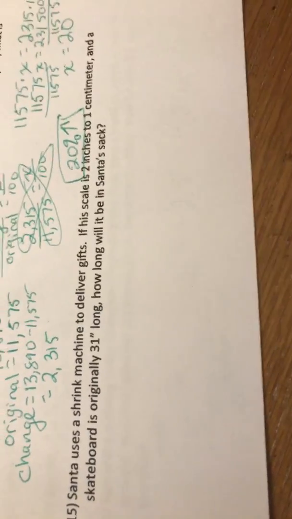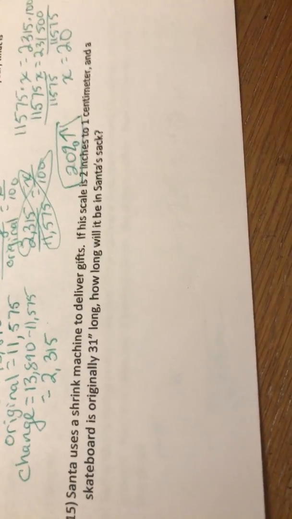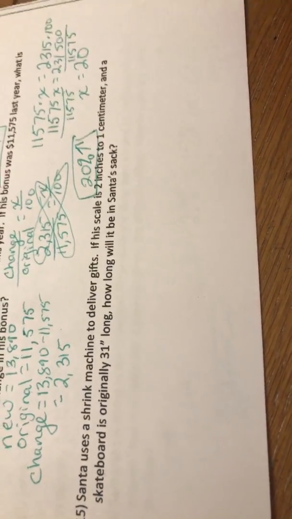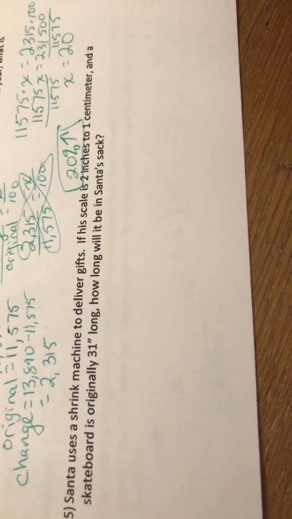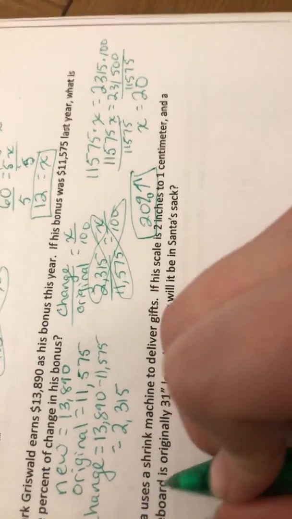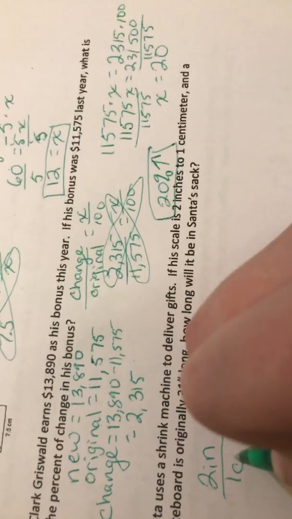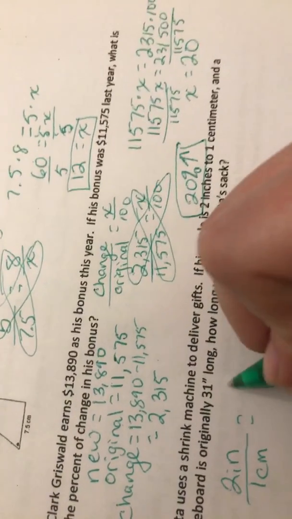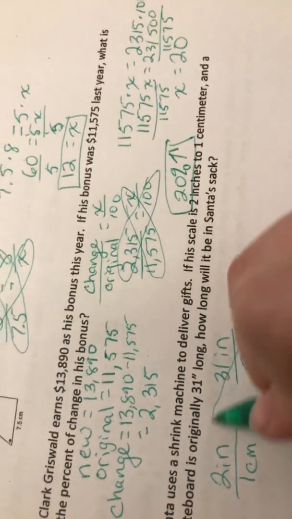And last but not least, number 15. Santa uses a shrink machine to deliver gifts. If his scale is 2 inches to 1 centimeter and his skateboard is originally 31 inches long, how long will it be in Santa's sack? So we're using the scale of 2 inches over 1 centimeter equals 31 inches over x.